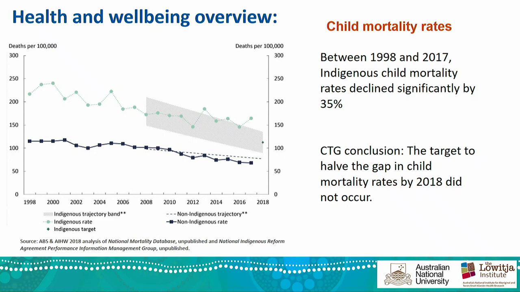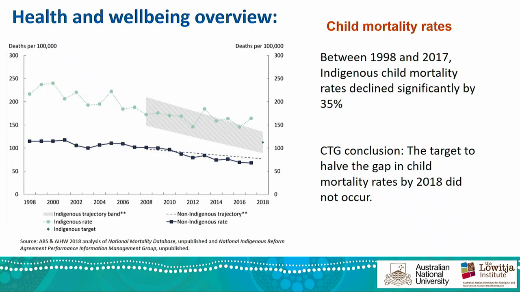Like, how was that determined? How was that target determined? And that's one of the things that's being revisited in the current refresh, because they didn't model it. They didn't produce or do some estimates or anything like that. I mean, it's nice to be aspirational, but it's also good to be realistic as well.